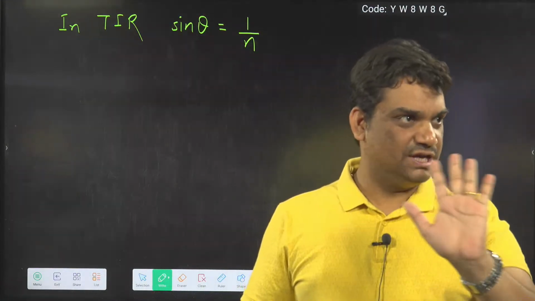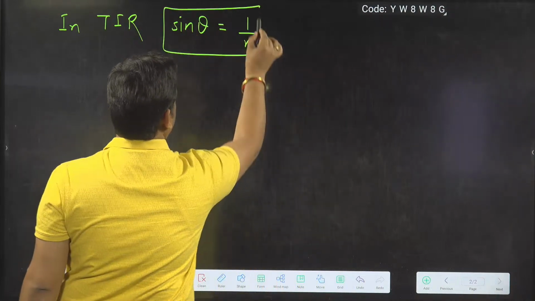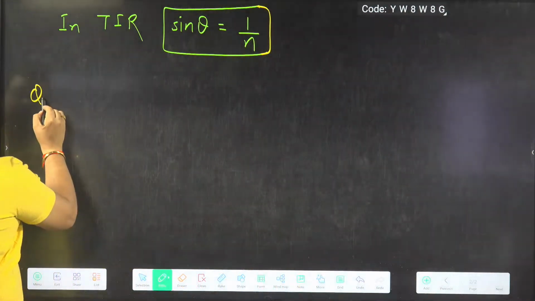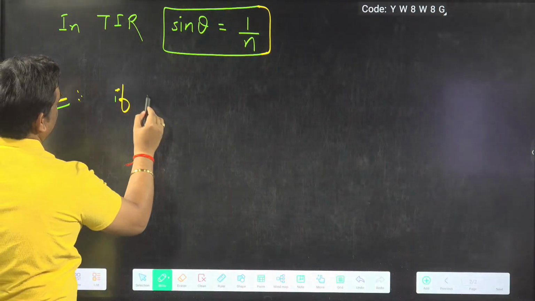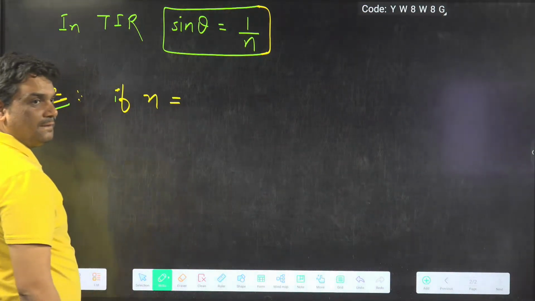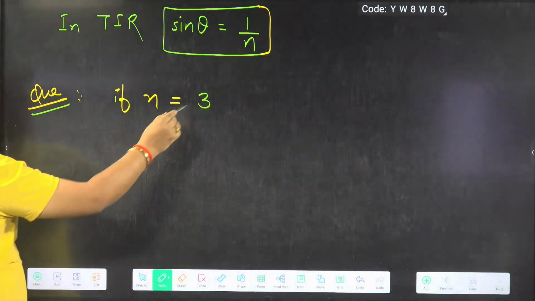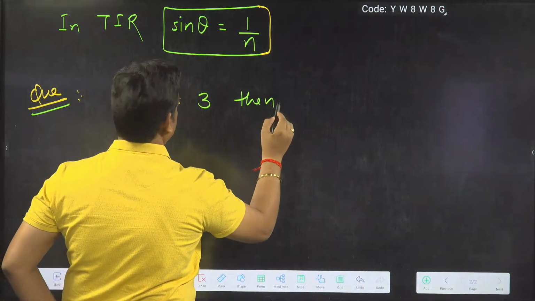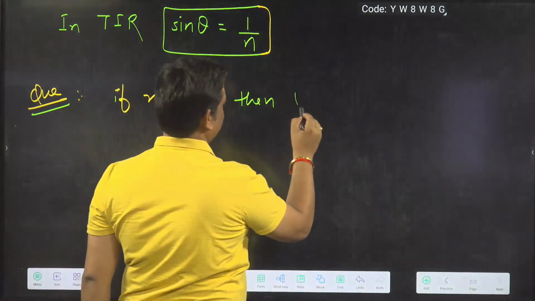If you don't know, I have written the formula: in TIR, sine theta is 1 by n. Now I am writing the question. The question will come like this. If n equals 3, then you have to find theta.